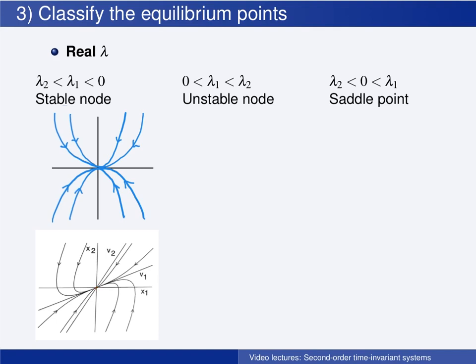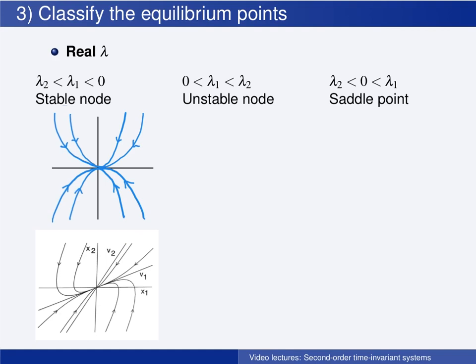And in the normalized phase portrait, when the trajectory is far away from the origin, it becomes parallel to the x2 axis, while here it becomes parallel to the v2 axis.